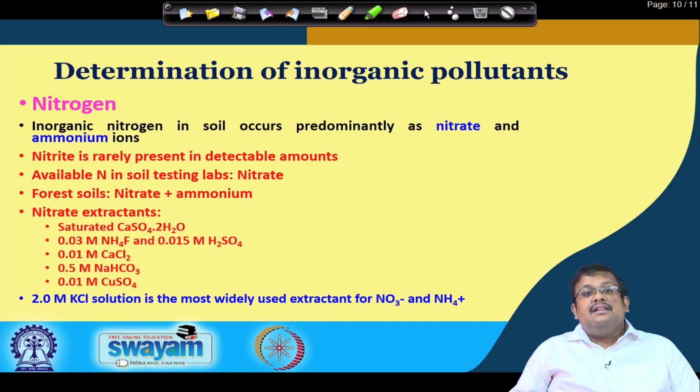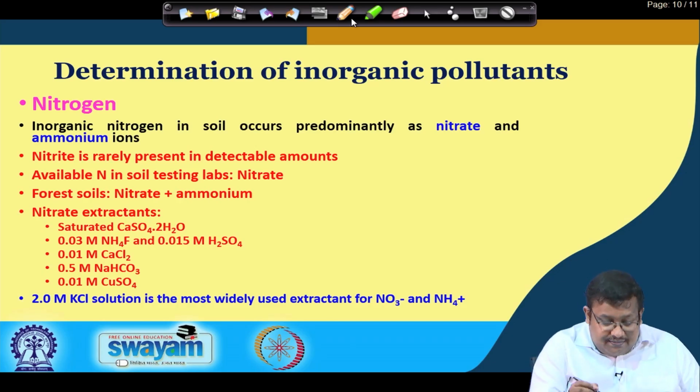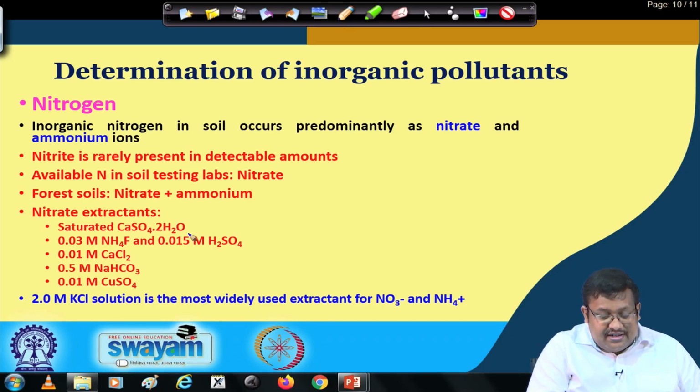In case of nitrates, some of the extractants are, for example, saturated calcium sulphate 2H2O, then 0.03 molar ammonium fluoride and 0.015 molar H2SO4, 0.01 molar calcium chloride, 0.5 molar sodium bicarbonate, 0.01 molar copper sulphate.